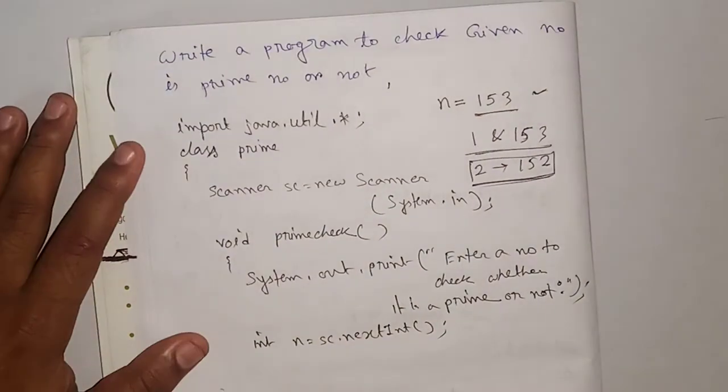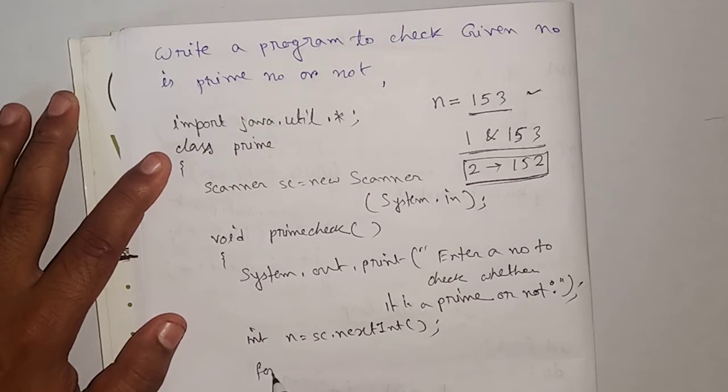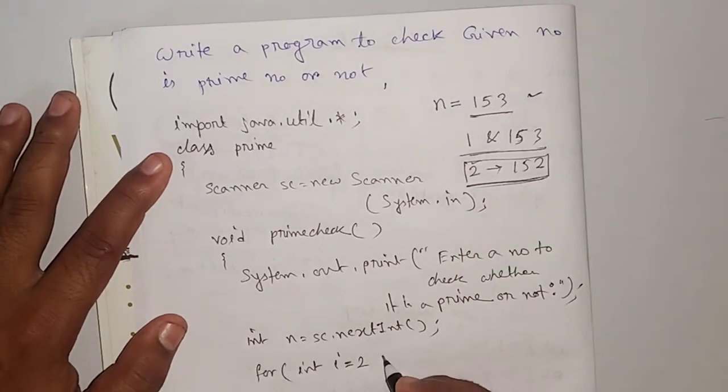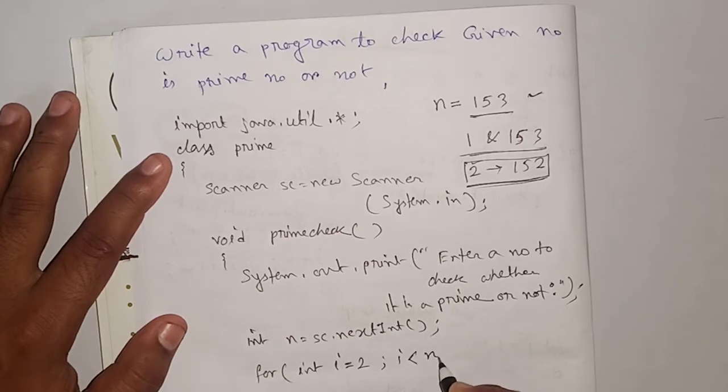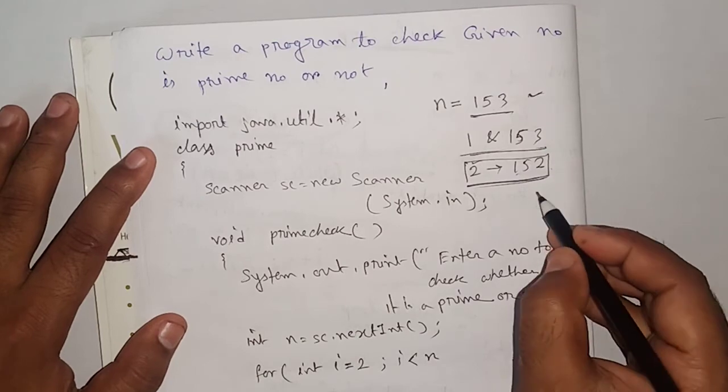Simply I'm using a for loop. The starting value of i is 2, and the ending condition is i less than n. You can use n, meaning up to 152, or you can use n by 2.